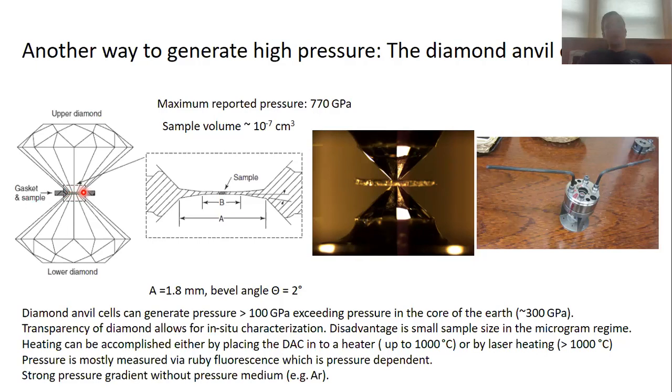Now, in this case, in the enlargement here, it would be 1.8 millimeters, but that actually varies. So these surfaces are not always flat, they actually have a bevel angle, which is in this case 2 degrees. So that's this angle here.